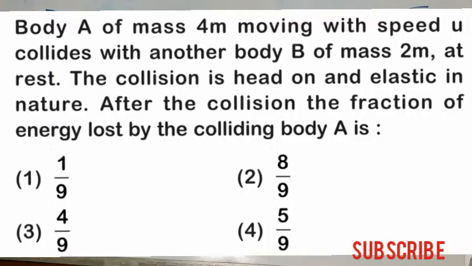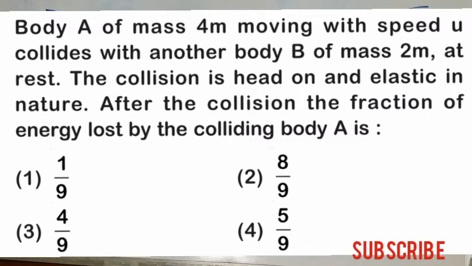Our next problem is: body A of mass 4m moving with speed u collides with another body B of mass 2m at rest. The collision is head on and elastic in nature. After the collision, the fraction of energy lost by the colliding body.